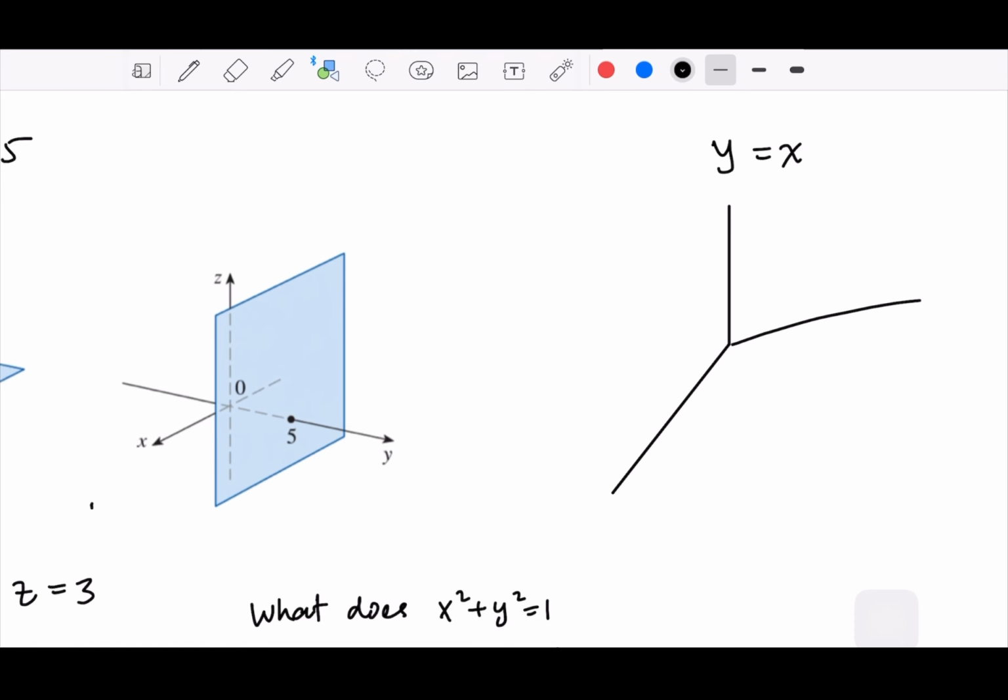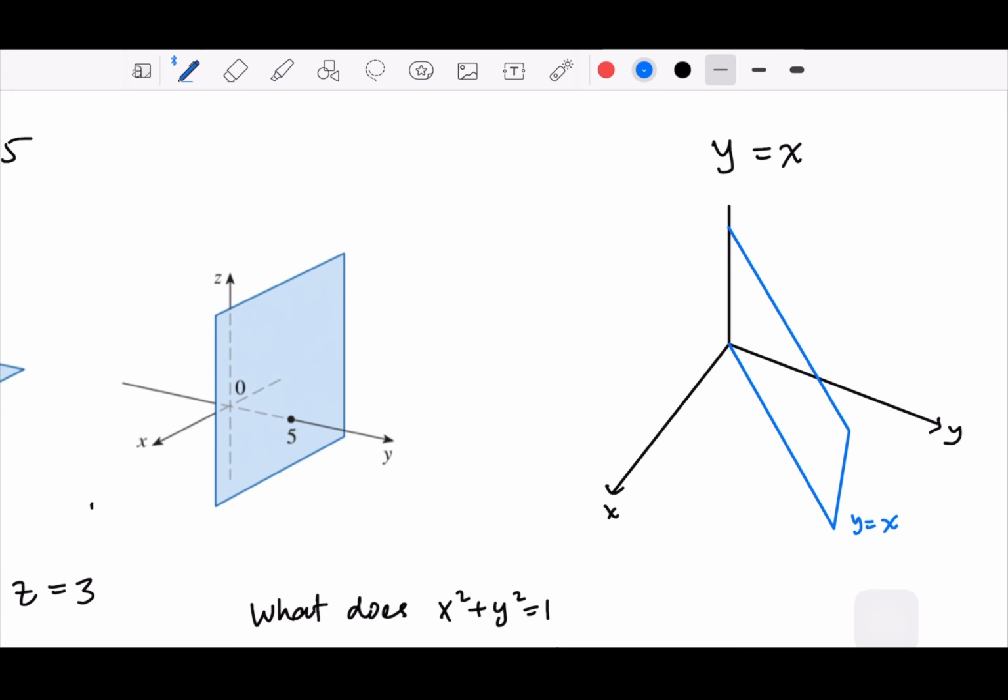If this is the x and y, this will be our y equal x, and probably this will be our surface. I hope you get more familiar with 3 dimensions.